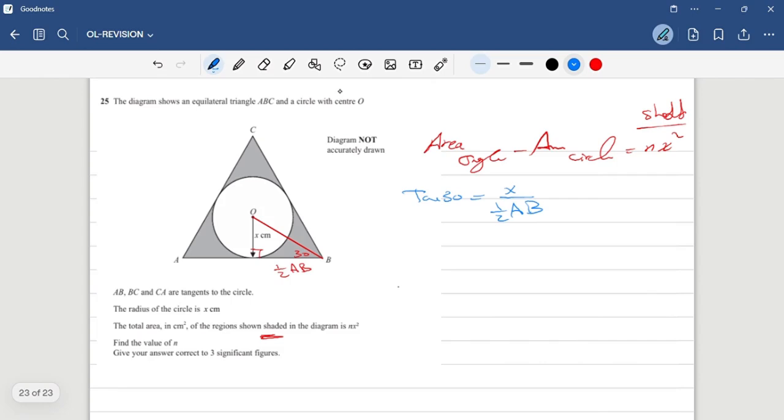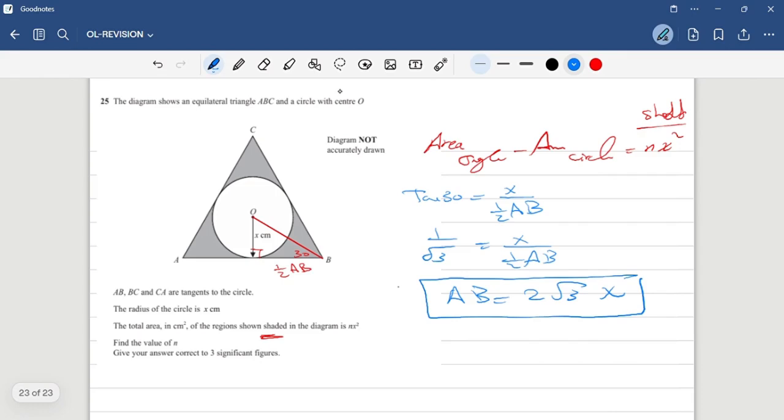Since tan 30, which I know equals 1 over root 3, equals x over half AB, I will change the value of both. So I will say that AB equals 2 root 3 of x. This is important information I have to know. So this is the value of all AB.